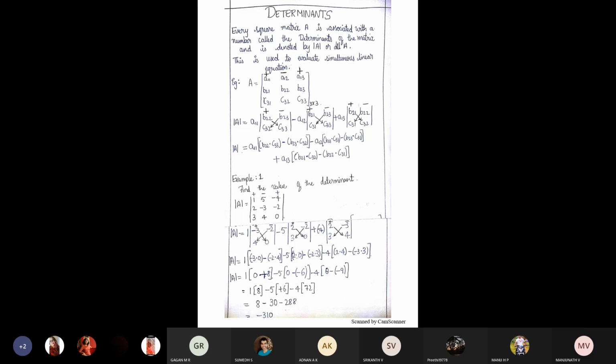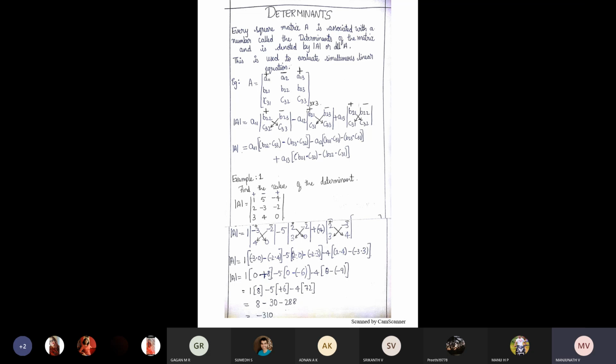A13 means suppress first row and third column elements.